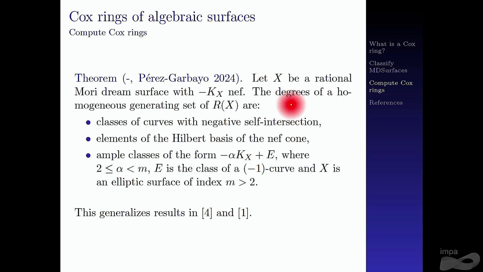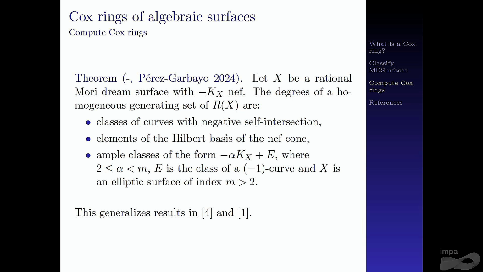So I forgot to say that, for rational surfaces with minus K Nef, we have two types. We have the weak del Pezzo surfaces I mentioned before, where minus K is Nef and big, or we have rational elliptic surfaces, where not necessarily the anticanonical, but eventually a multiple of it gives an elliptic fibration. You may have heard of these as Halphen pencils.